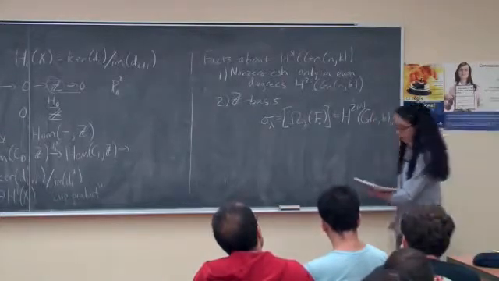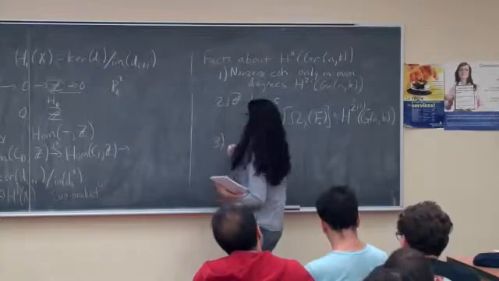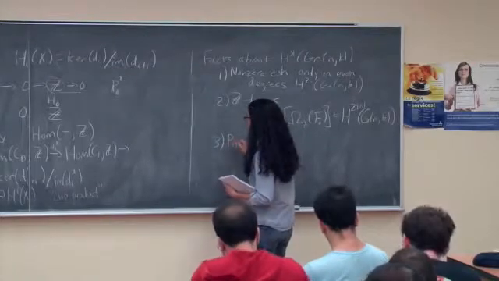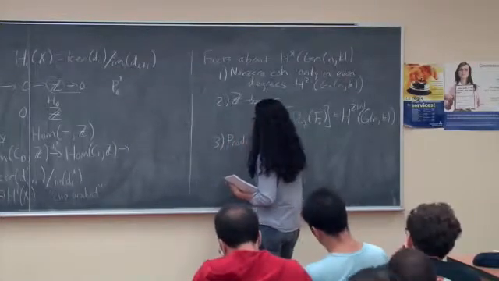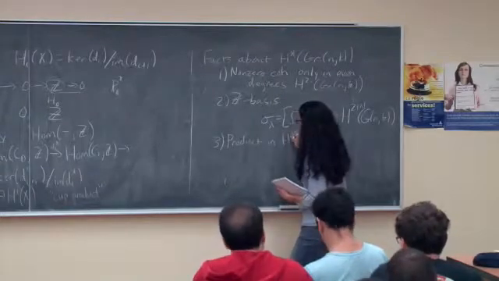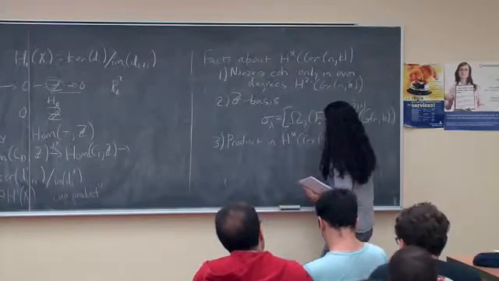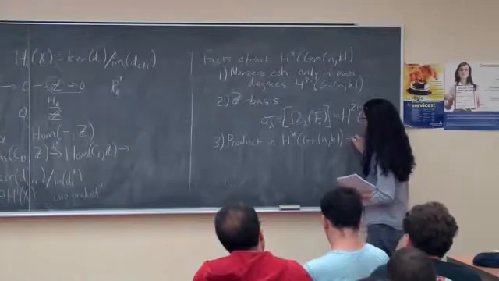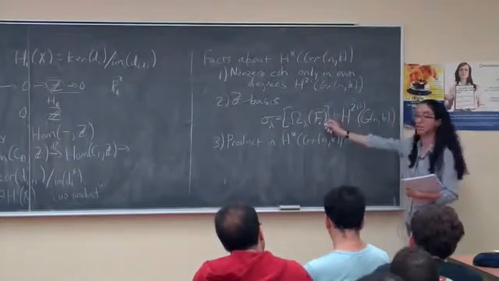And then the other very important fact is that the product in the cohomology ring corresponds to intersection of these Schubert varieties.